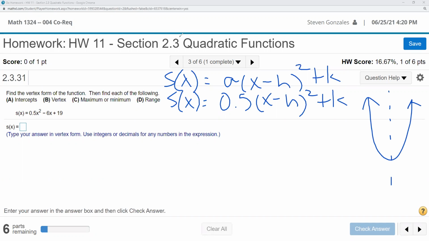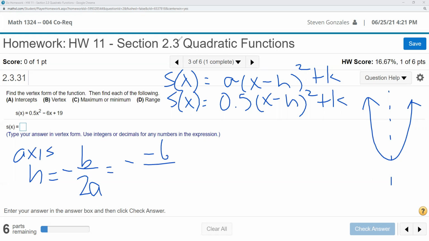And the axis of symmetry is going to be wherever H is. Now, in order to find the axis of symmetry, in other words, to find H, I need to make B equal to -6. And I need to make A equal to 0.5.